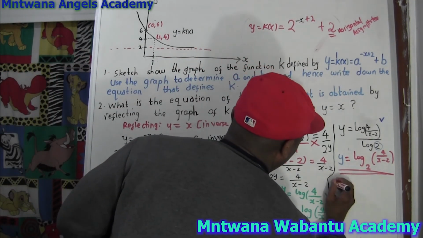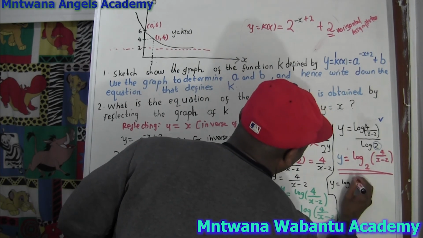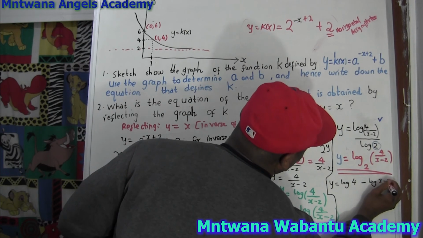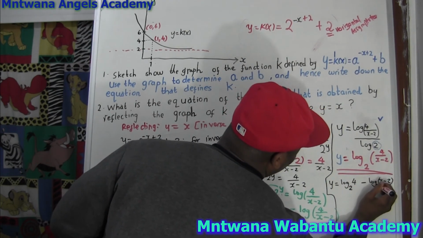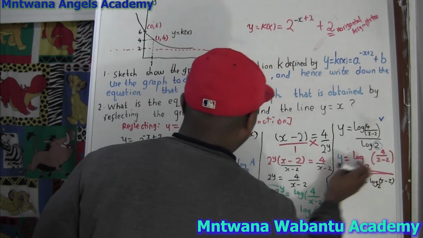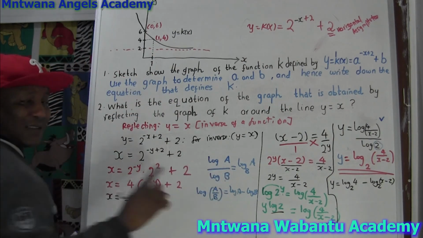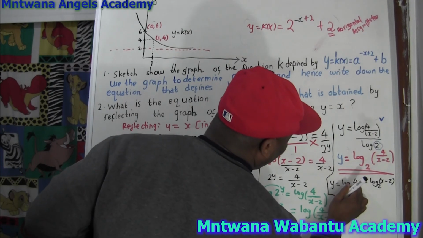So let me say y equal to log 4 of the top minus log of x minus 2, but both are base 2. So this minus this. You know why you minus? Only when the bracket is a single bracket, not like this. This you don't minus. Pay attention to that. So this one I can simplify, because 4 is 2 squared.